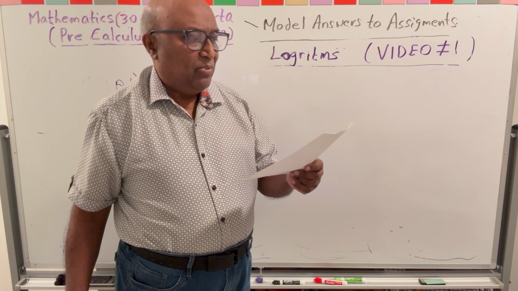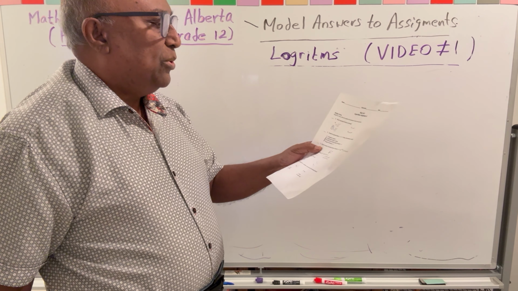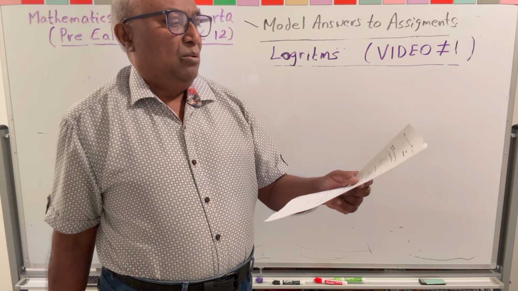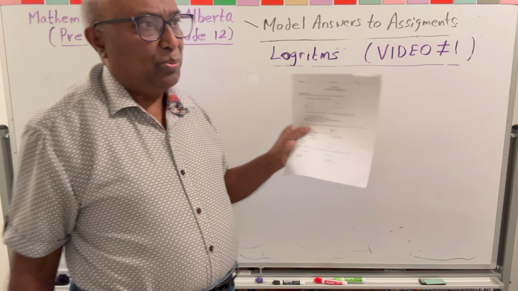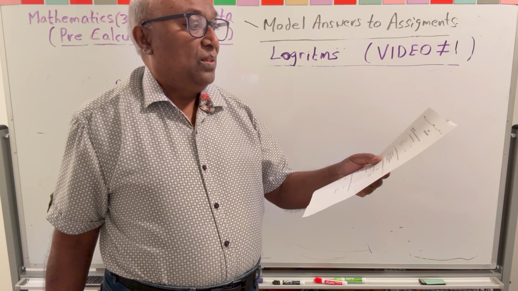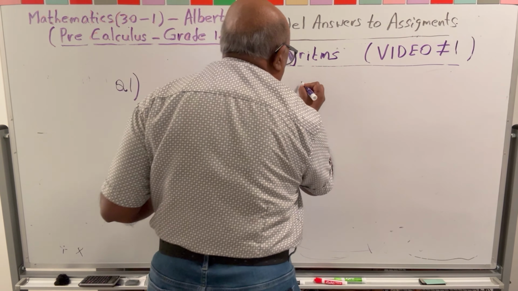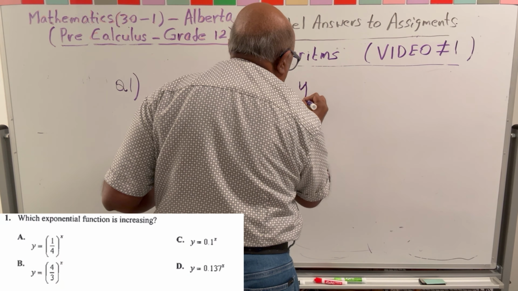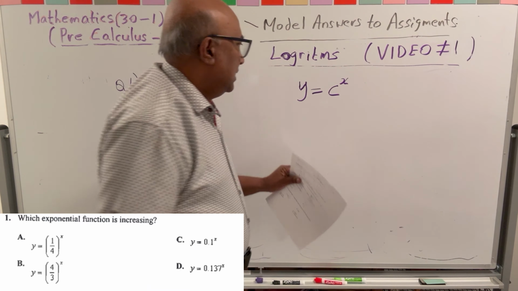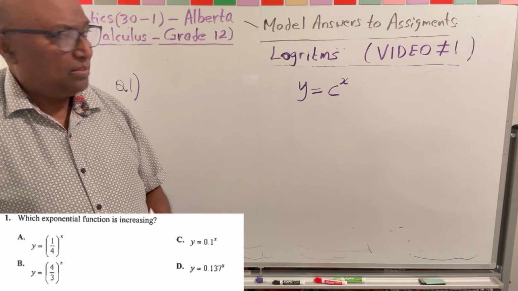The question number 1 says, that is a very basic question, which exponential function is increasing? They have given 4 exponential functions under option A, B, C and D. Question asks, which exponential function is increasing? Okay, what is exponential function? Exponential function is the function in the form of y is equal to c to the power of x.